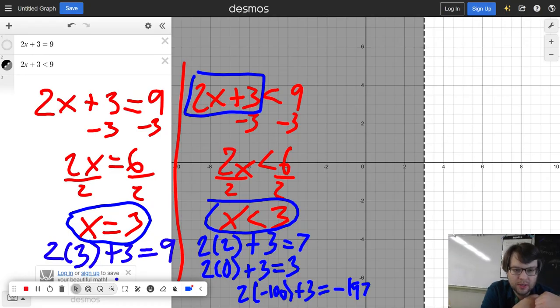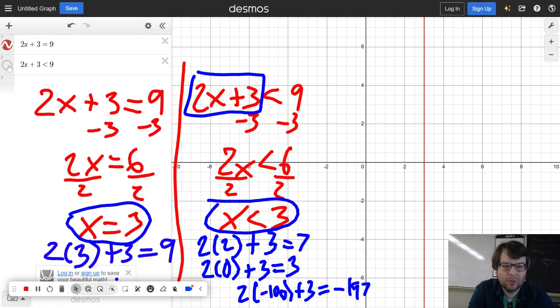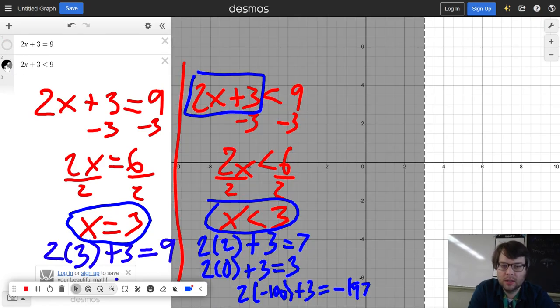All of those decimal points would also count as solutions. So you can see that what the computer is doing is the same as what I was doing with my algebra. It was just coloring in, for the equation, all the dots where x is exactly equal to 3. And for the inequality, coloring in all the dots where x was less than 3.